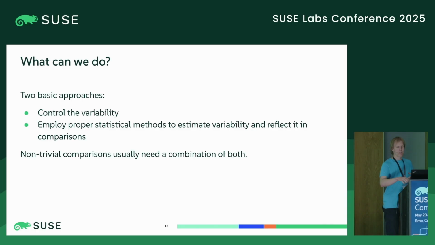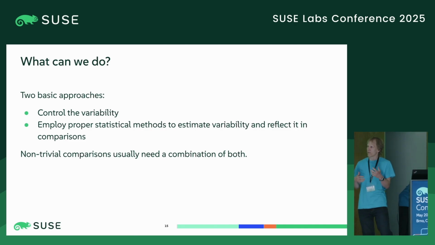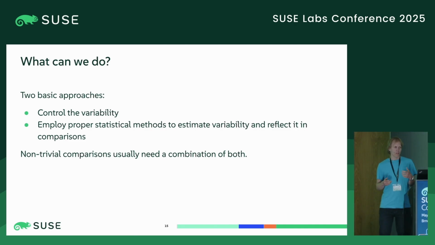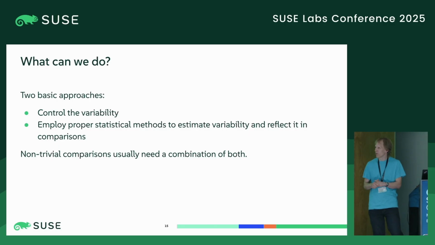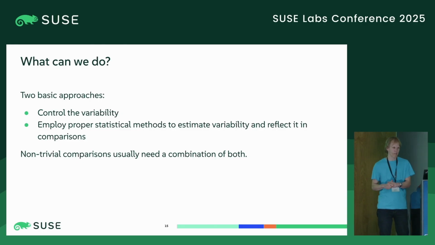What you are going to do depends on what you want to measure. This talk will be mostly about the second thing, but I will touch briefly on the first as well. For non-trivial benchmarking comparisons, you will probably need to employ a combination of both of these approaches.